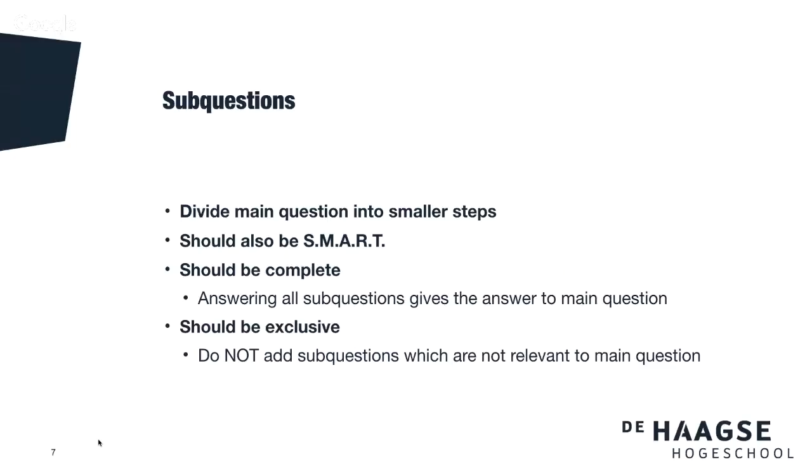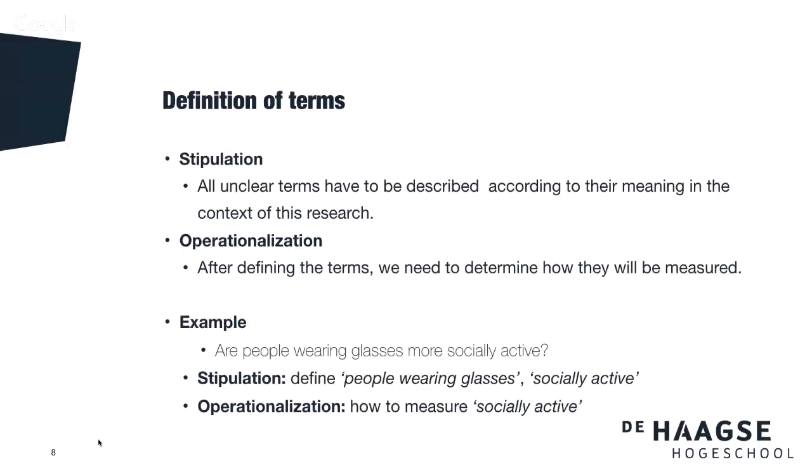And then part of the research questions and sub-questions is the definition of terms. There are a lot of terms that you will use in your question. You can't define everything in the question, but people who are not familiar with these terms don't know what exactly you mean. So part of the research questions and sub-questions are the definitions of the terms.